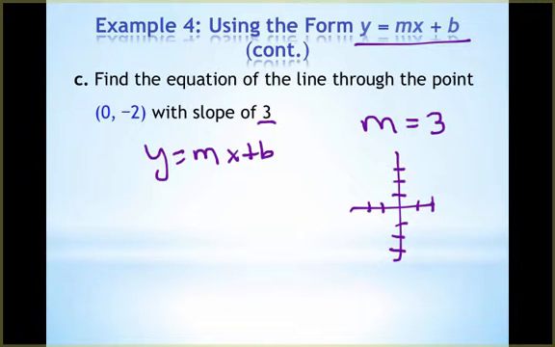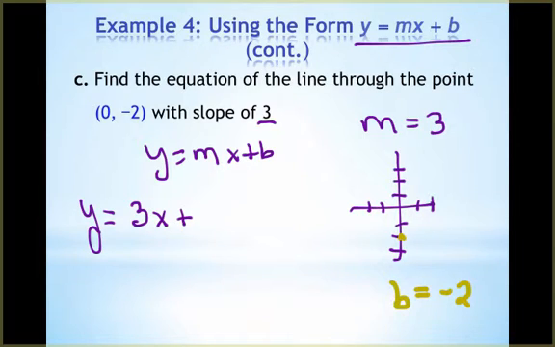So if I'm plotting that point, that's going to put me right there on the y-axis. So they've actually told me what b is. Once I know m and b, I can just write the equation. Y equals, we found that m was 3, so this will be 3x plus b, but b is -2, or y equals 3x minus 2.